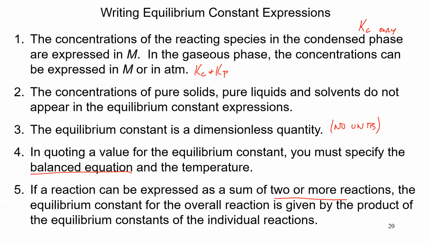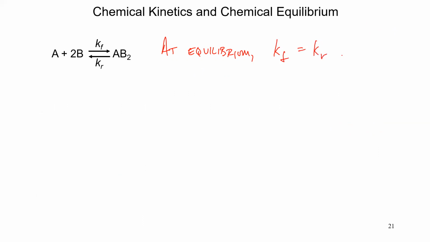I've talked about how this is related to one another, and the big thing about equilibrium is how the rate of the forward reaction equals the rate of the reverse reaction. And so if we're at equilibrium, Kf for the forward reaction equals Kr for the reverse reaction.